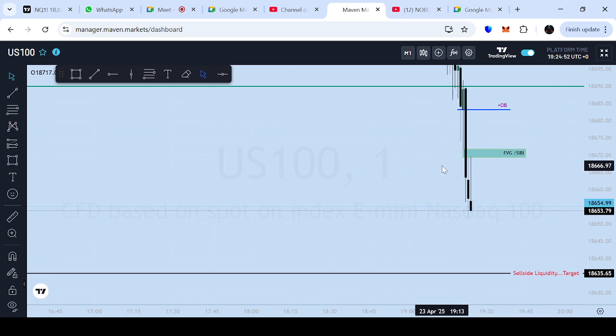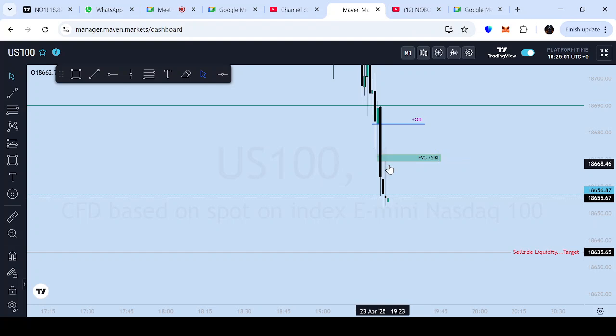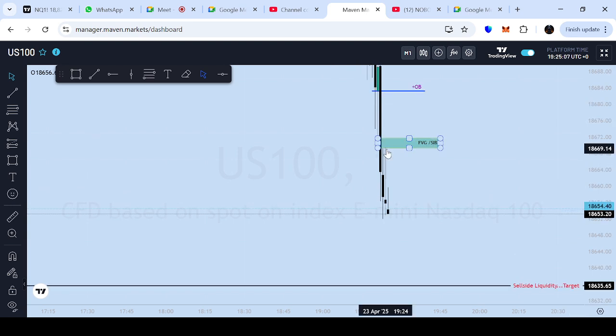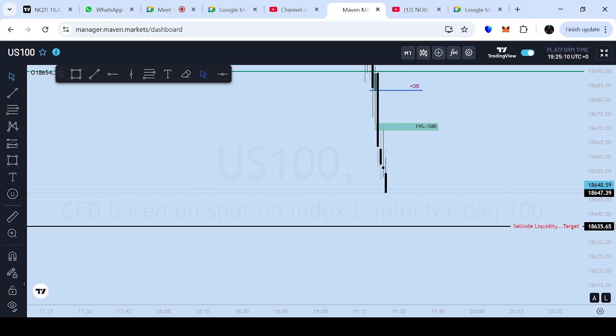You could see a touch. That's institution order flow drill, a partial entry inside the inefficiency. That's a partial entry there, institution order flow drill. You're going to see it seek for this sell side liquidity here.